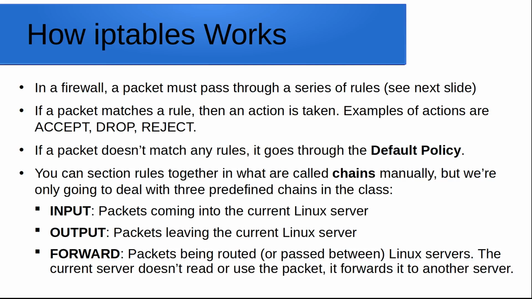All of these are from the firewall and the server's perspective, right? Output, that applies to packets that are leaving the server. And forward, anything in that chain is applied to packets that are being routed through to another server, right? So it's being passed from one to another, if you're doing port forwarding or something like that.